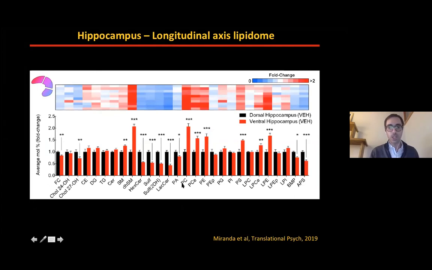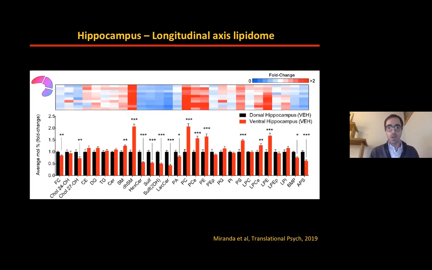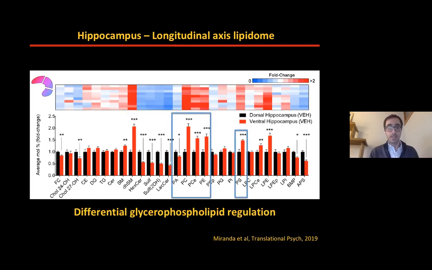And in each of these columns that you see here, you see different lipid classes. So just looking overall, we can see that there is an overall differential sphingolipid regulation between the dorsal and ventral hippocampus. We could also see that there is a differential glycerophospholipid regulation between dorsal and ventral hippocampus.